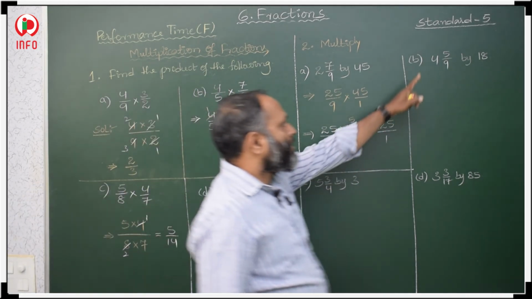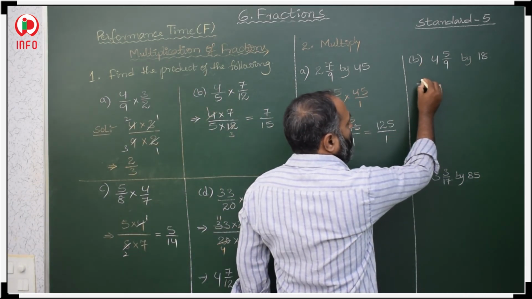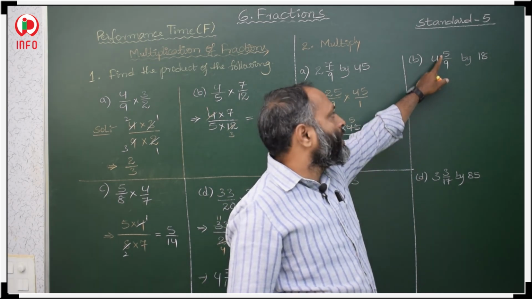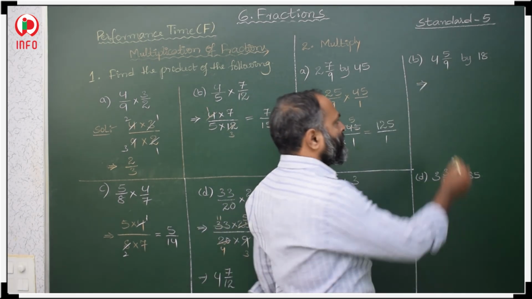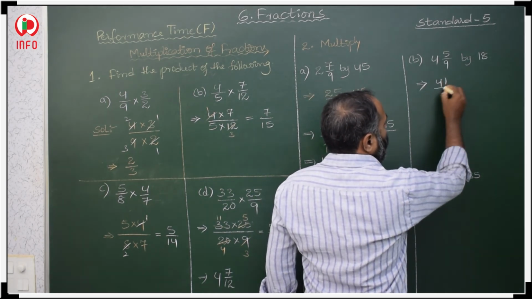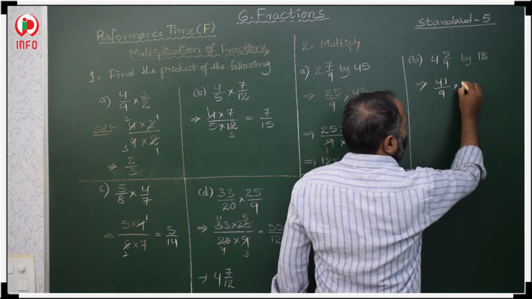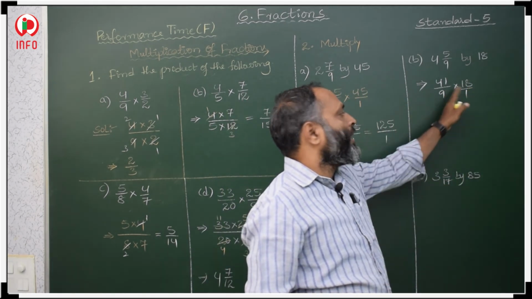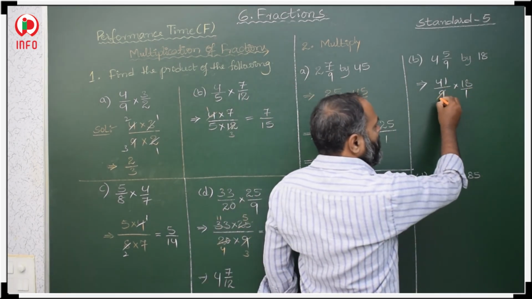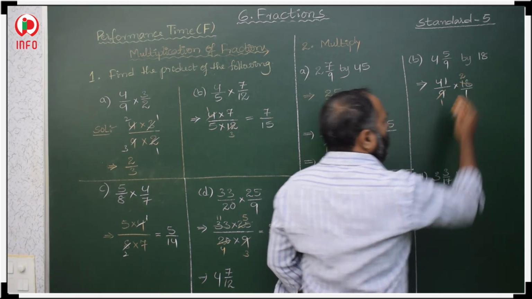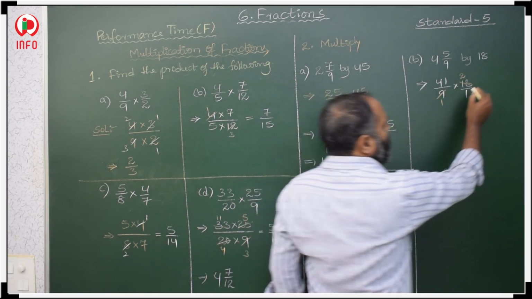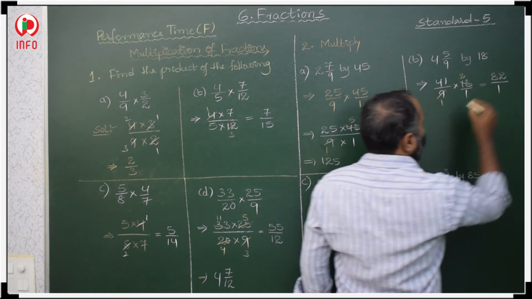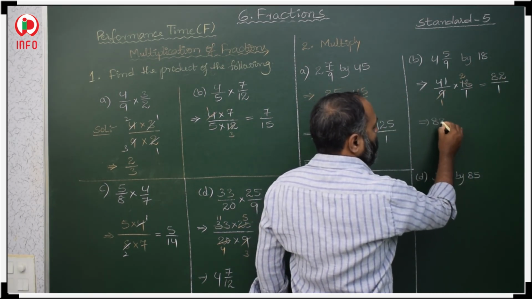Next, this mixed fraction we have to convert into improper first. 9 4s are 36, 36 plus 5, 41, 41 by 9 into 18. There is no denominator, it means by 1 is there. These two have common factor 9: 9 1s are 9, 9 2s are 18. Then 41 2s are 82 by 1. No need to take by 1, just you take 82. So, that is it.